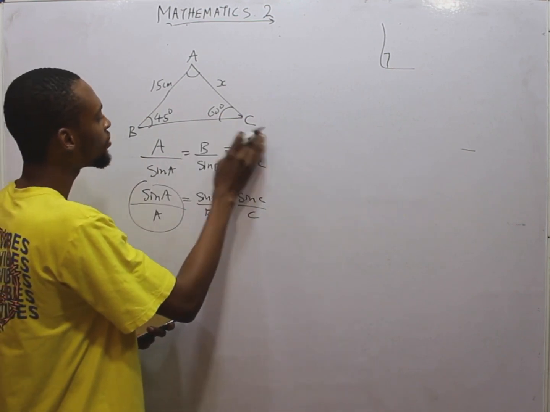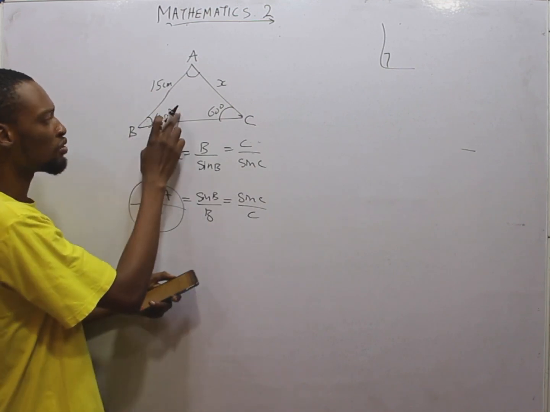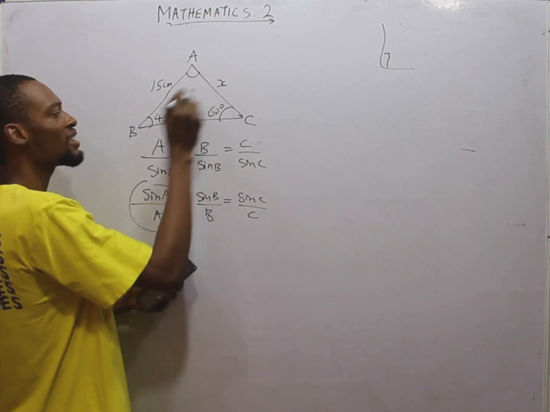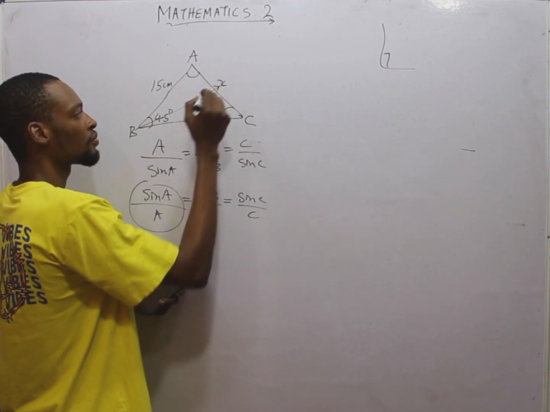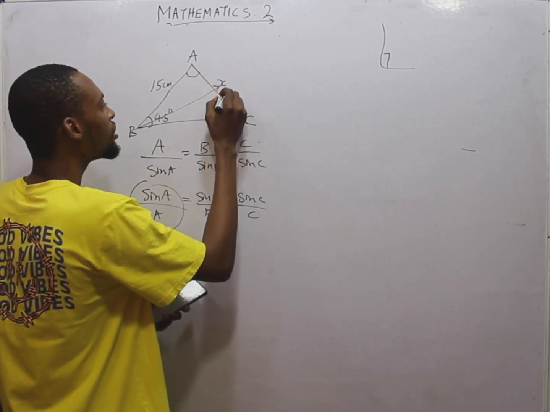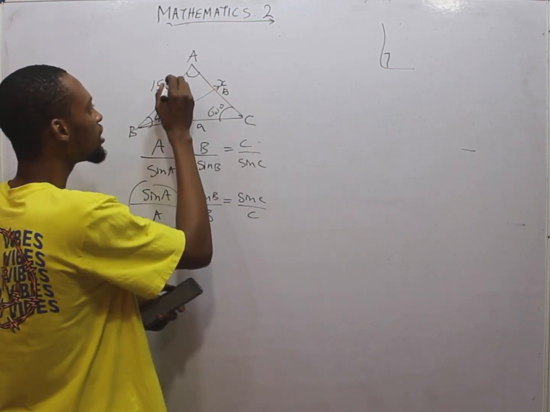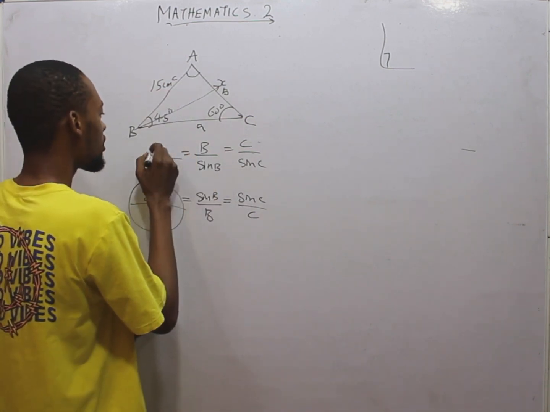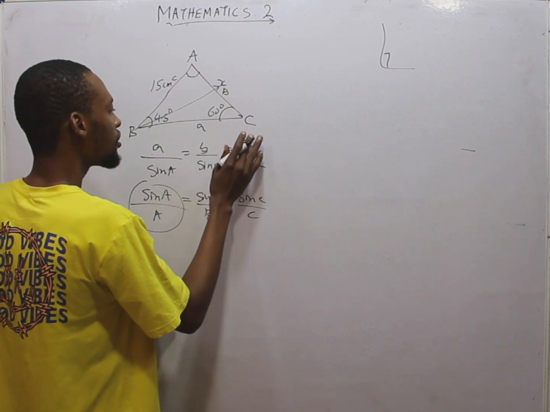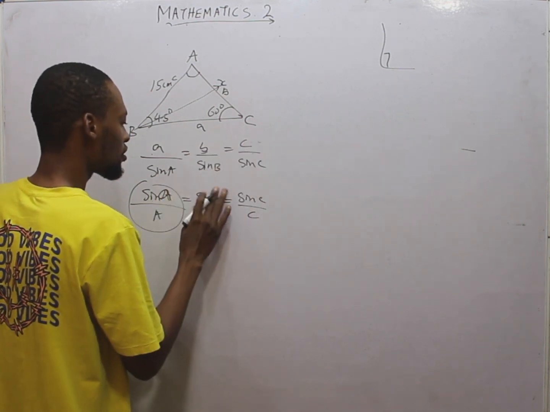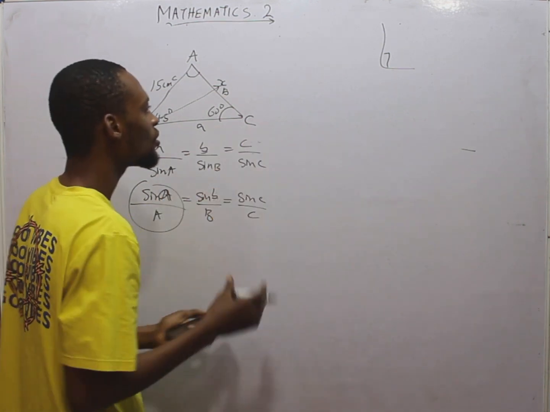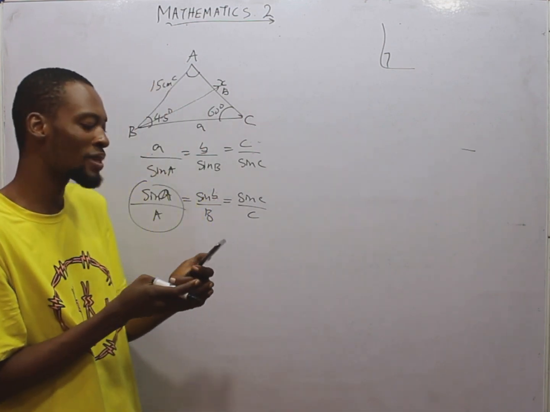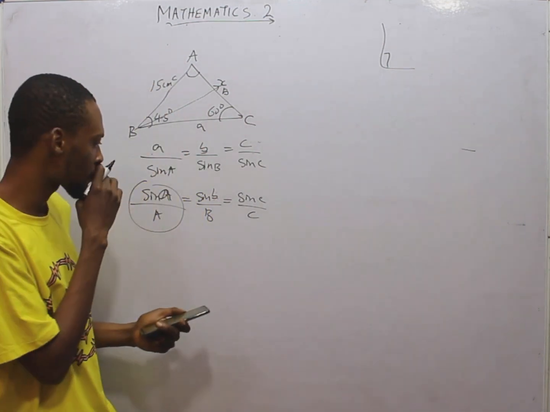If here is B, we are given the angle of B, 45 degrees, and we are given the side that represents B. So you can even call here small b, here small a, here small c, anyhow you look at it. So let's call here A, B, C, with lower-case letters to represent that they are just sides.